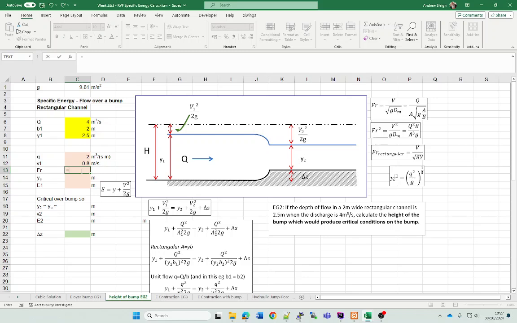We want to know whether a sub or supercritical flow is key. That's why we're calculating the Froude number. So it's velocity divided by the square root of g times the upstream depth, 0.16, very subcritical, very slow.